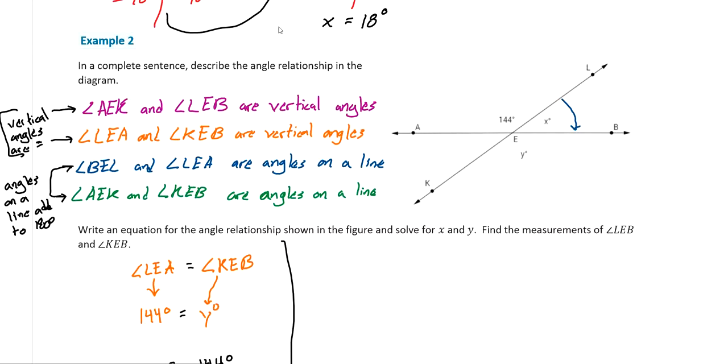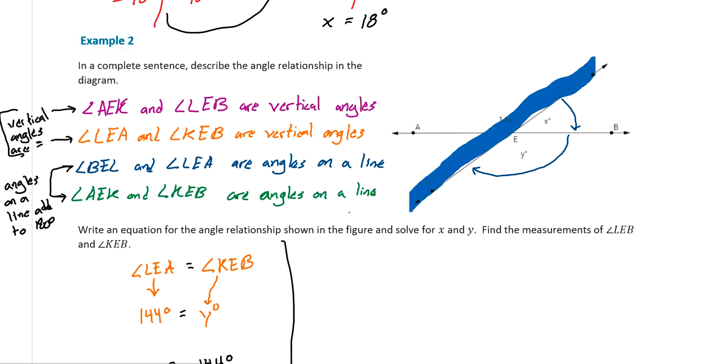Now I know that that is an angle on a line, line LEK. So that angle plus this other blue angle has to equal 180 degrees.